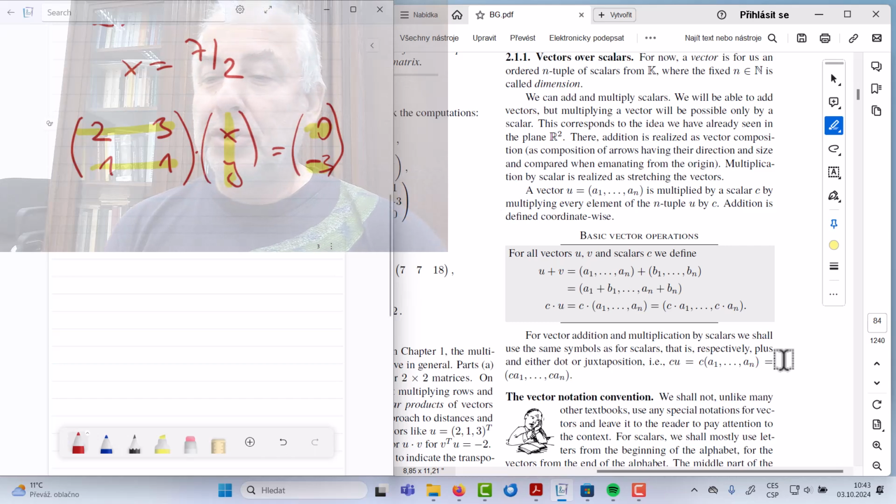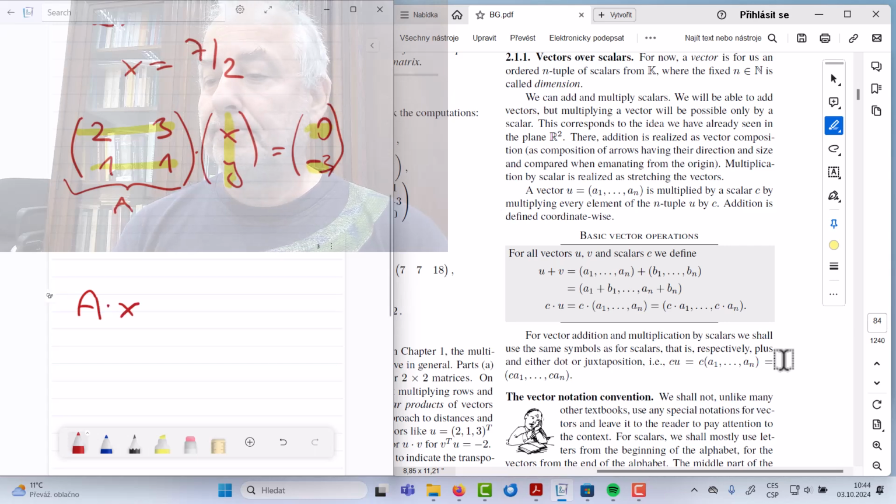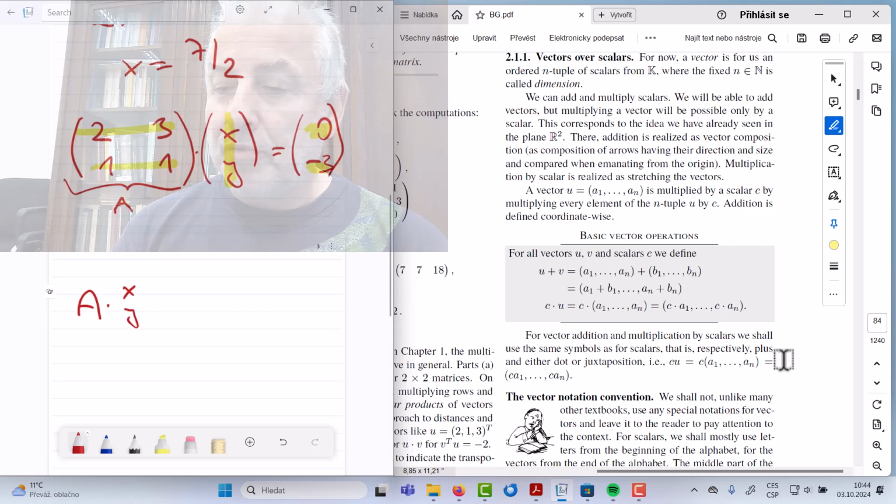And the matrix can be understood in such a way that you simply take an A, that's the matrix. You take x, some other. So you take, I will write it this way. So small, but say v.